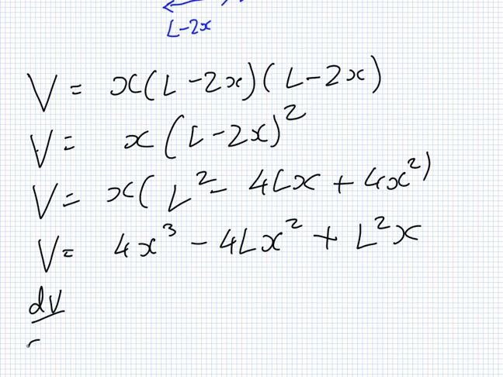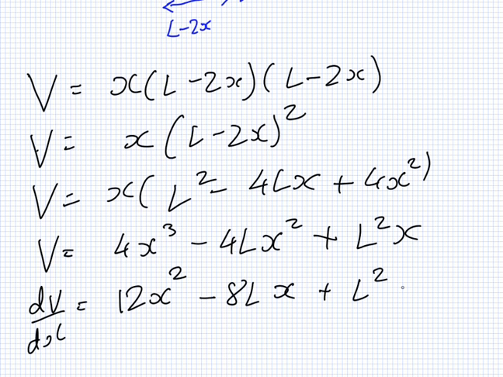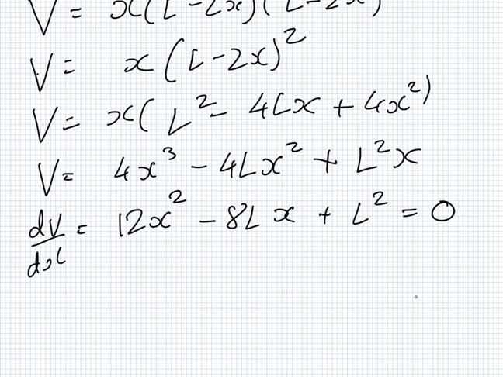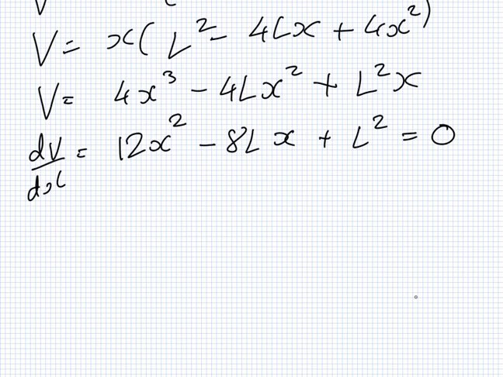First derivative here will be what? X squared minus 8X plus L squared, very good. And this should equal 0. The problem here is we don't know what the L is. So we can't factorize, we can only use our formula.